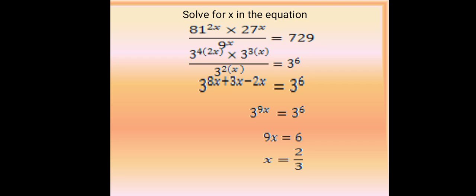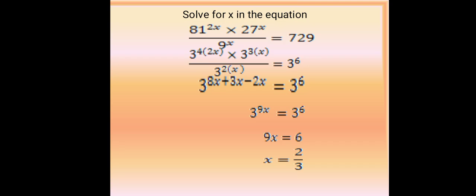Now solve for x in the equation. We have this equation: 81 raised to the power of 2x times 27 raised to the power of x, divided by 9 raised to the power of x, is equal to 729.